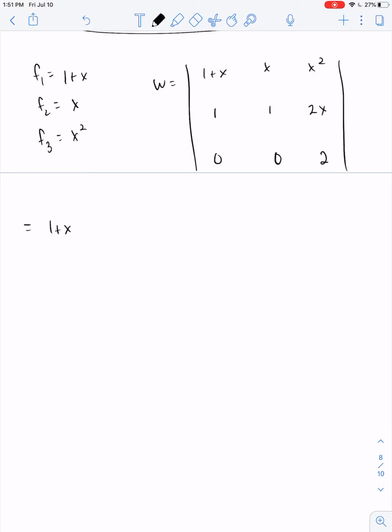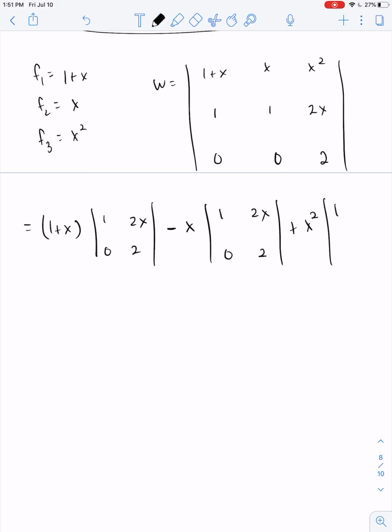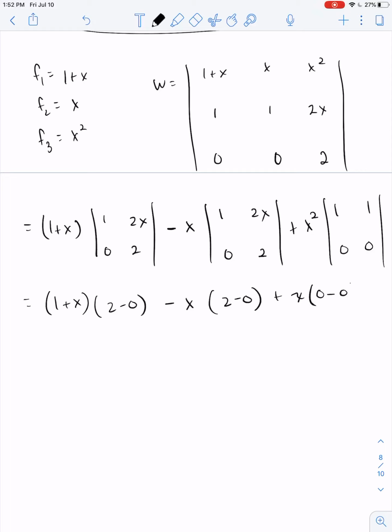All right, so start with that first row, first column. So I have x plus 1, and then I'm doing the determinant of everything in that other square. And then minus x, and then 1, 2x, 0, 2, and then plus x squared, and it'll be 1, 1, 0, 0. So here we're going to get 1 plus x times 2 minus 0, minus x times 2 minus 0, and then plus x squared times 0 minus 0.